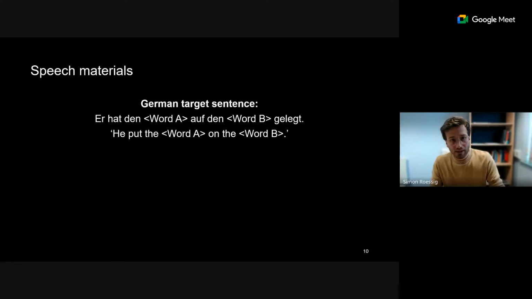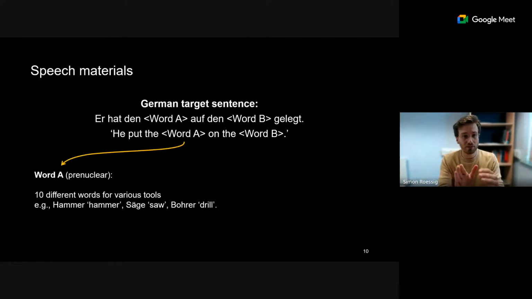The target sentence is a German target sentence. Hat den word A auf den word B gelegt. He put the word A on the word B. And of course, word A and word B are just placeholders here. In the slot of word A, we have 10 different words for tools: hammer, saw, drill. And they're German, of course: Hammer, Säge, Bohrer, and so on.